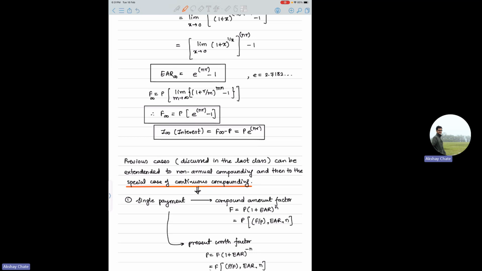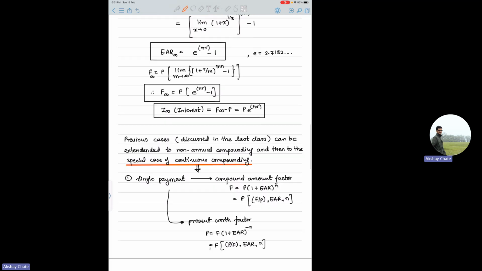So you have to put that everywhere. If you do that, this is the special case of continuous compounding.